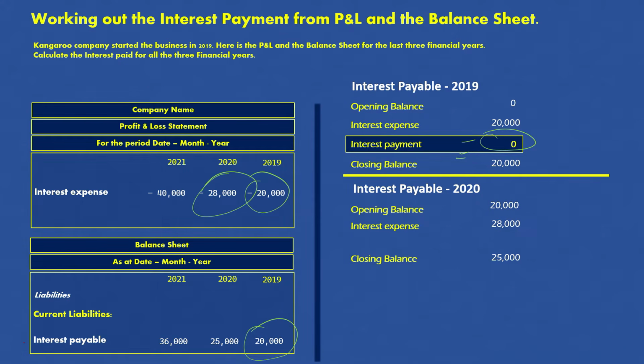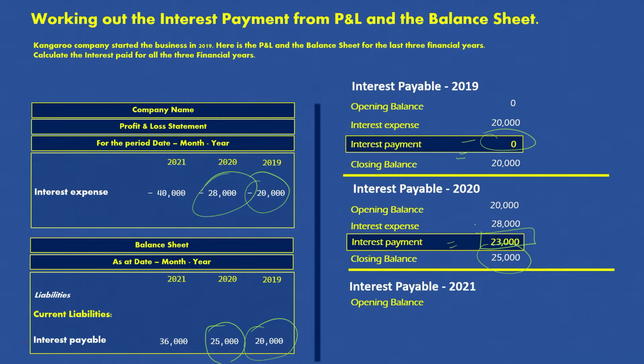But my balance sheet says that my closing balance is 25,000. It means that we must have paid something which has been deducted from here. And how much was that? That interest payment has been 23,000. Only then the closing balance of 25,000 can be calculated. So I hope you are getting my point here. So again, I repeat, opening balance plus interest expense minus interest payment equals closing balance. Please treat it like an equation.